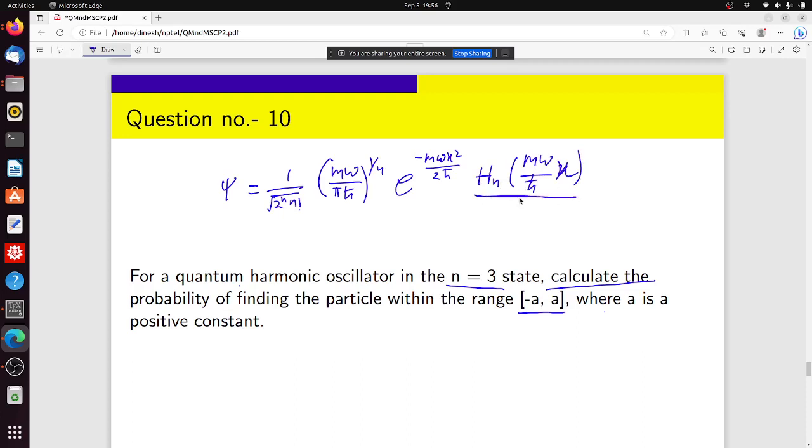So this is a polynomial; according to this n value it will have a different form. I assume you already know this quantum harmonic oscillator. Do you guys know about quantum harmonic oscillator?